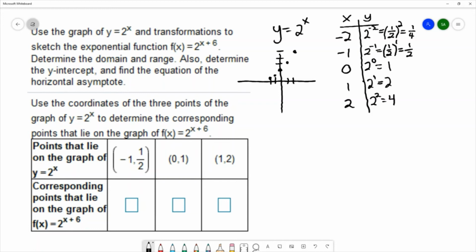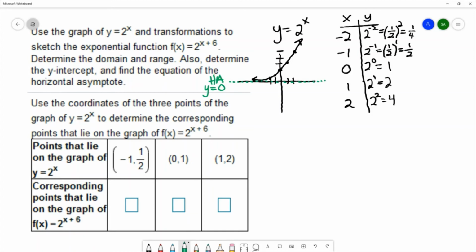We get a graph that looks like this. And for later, it's important for us to know that there is a horizontal asymptote that is right on top of the x-axis, and that is the equation y equals 0.